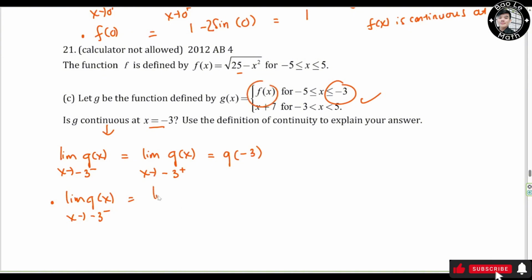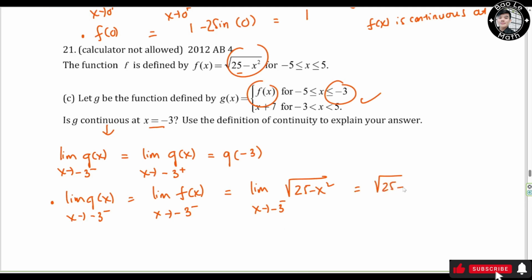So it's the limit of the function f of s when s approaches -3 minus, which is the limit of the square root of 25 minus s squared when s approaches -3 minus, right? Substitute -3 for s, the answer is the square root of 25 minus 9. It's going to be the square root of 16, and it's going to be 4, right?